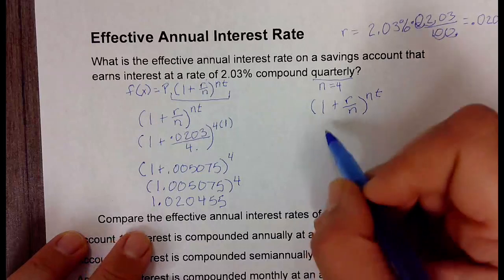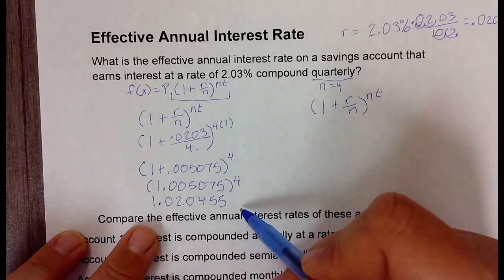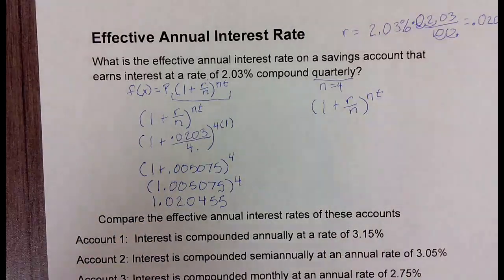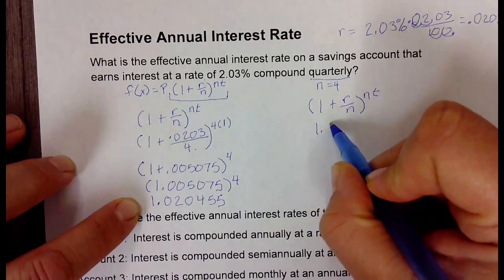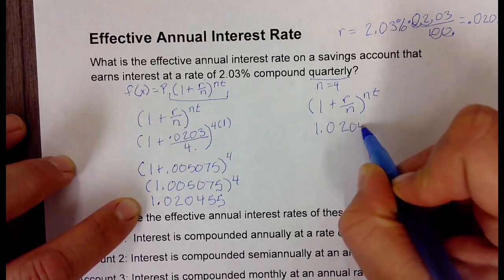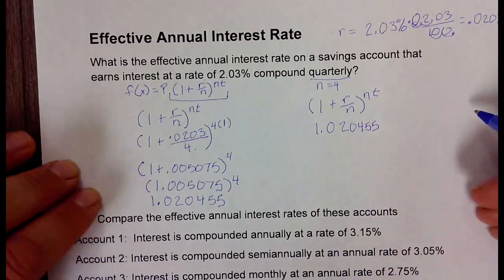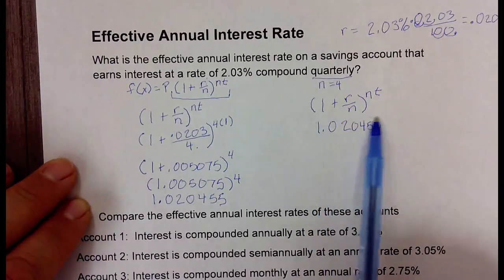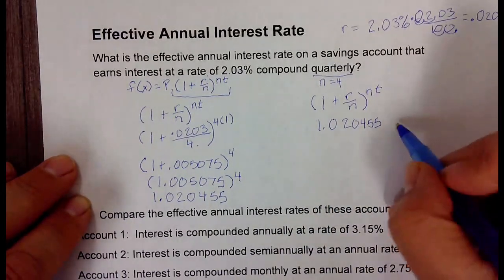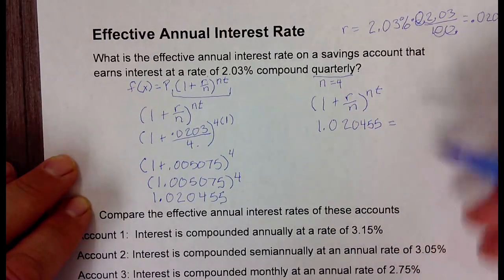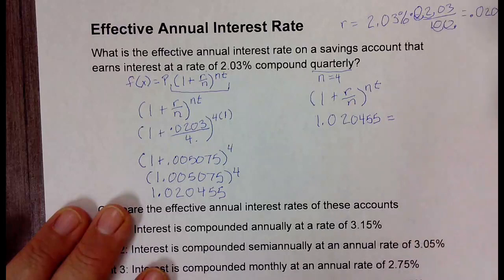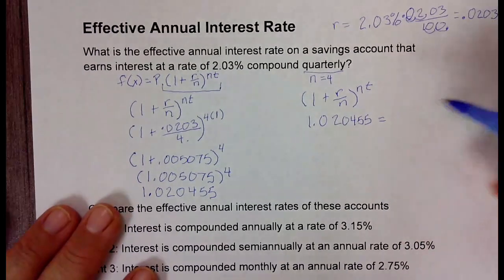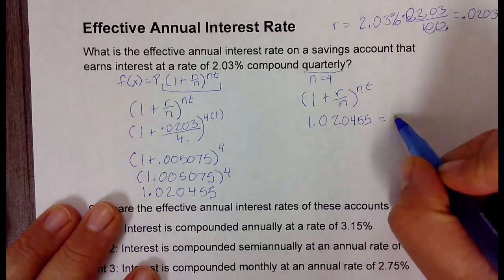And I have this quarterly interest here as 1.020455. So I'm going to set these two equal to each other so that I can find my effective interest rate, which is the interest rate when the compounding periods is just 1, it's annual.